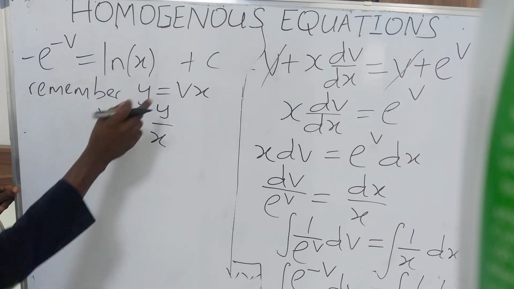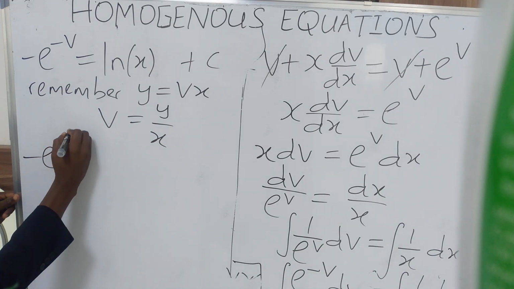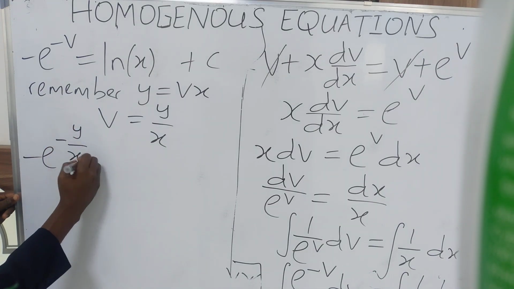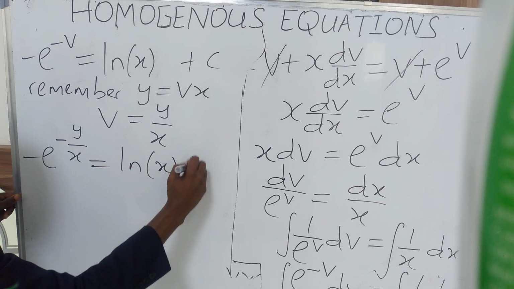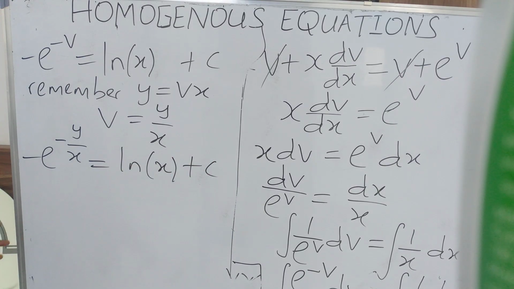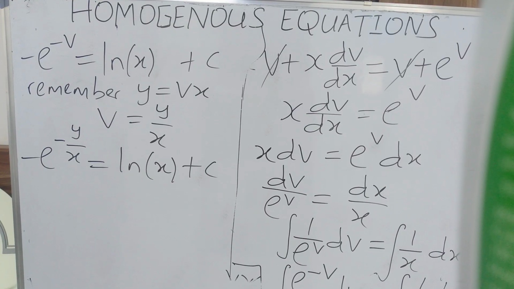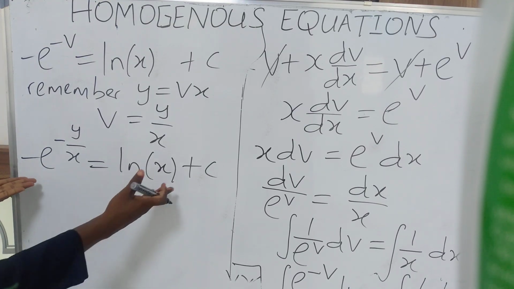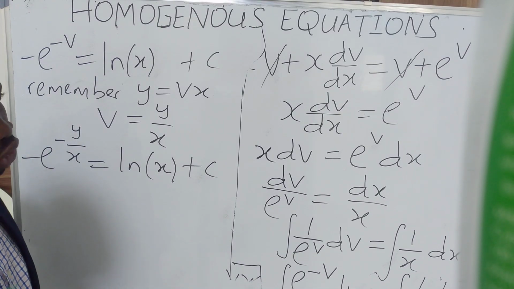So the final answer is going to give me minus exponential minus y over x is equal to ln x plus c. So this will be the final solution of that differential equation.